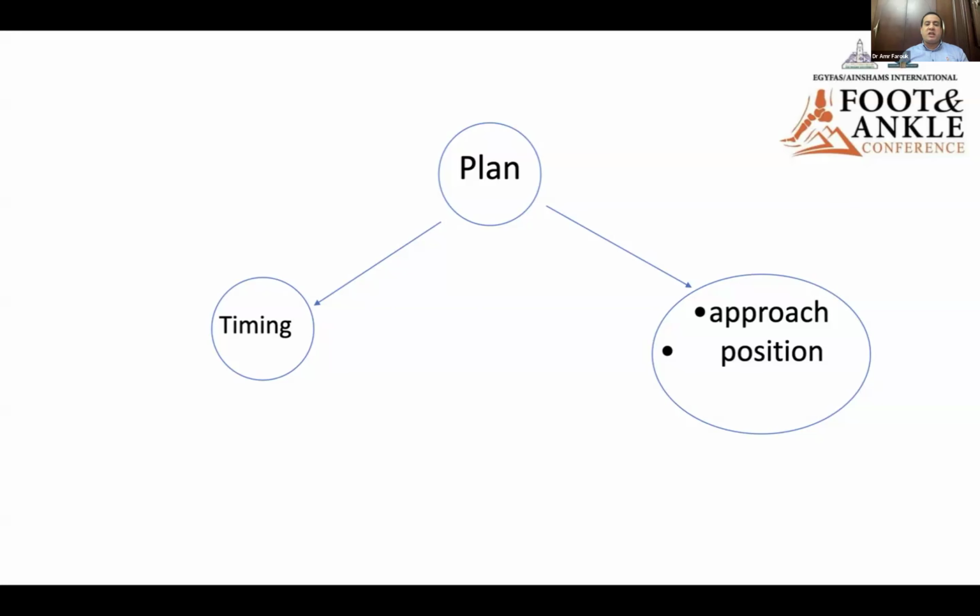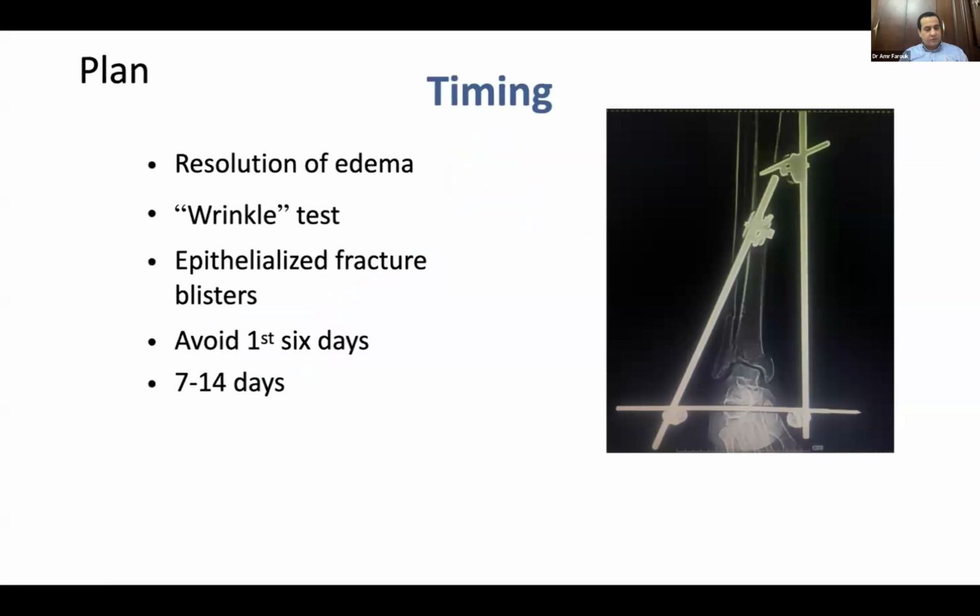So if I have pin tract infection, I have to remove the fixator in one session and wait for a while until the pin tract infection resolves, and then move again to the second step, which is internal fixation. So the best thing is to do this before 2 weeks. But of course, I have to be sure that the soft tissue is already resolved. So not more than 14 days, please.